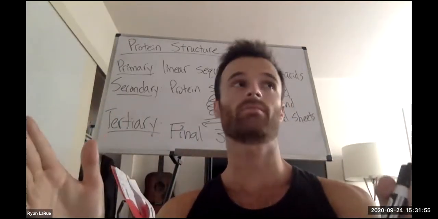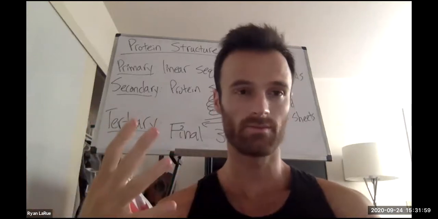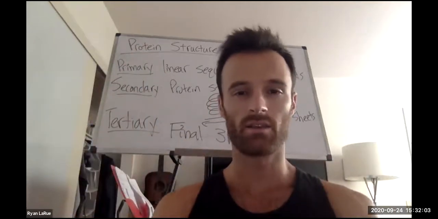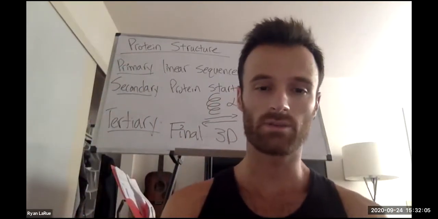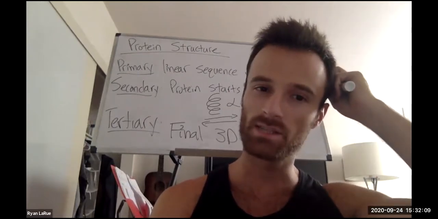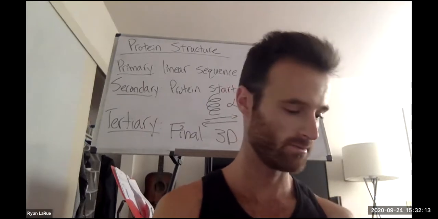I'm not a math guy or stats, but it's like 100 to the 20th power, or 20 to the 100th, or something crazy. So a lot of cool options there. Anyways, questions about proteins before I move on? Proteins are awesome.